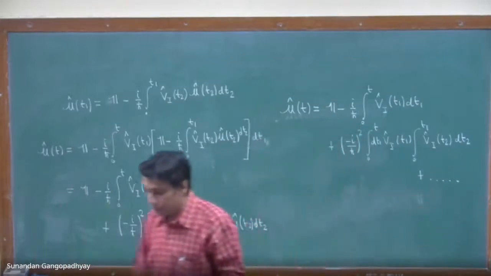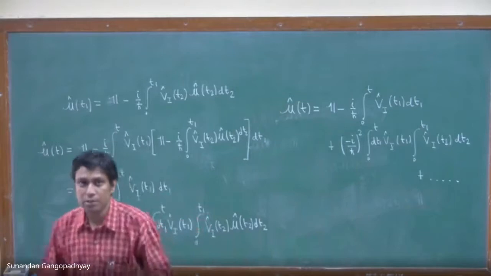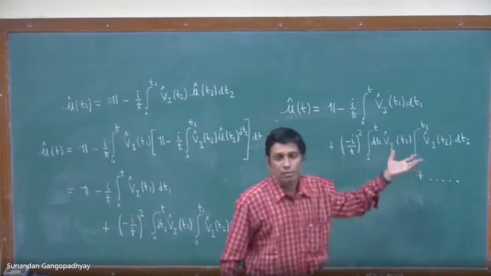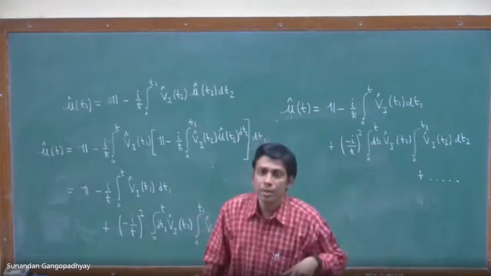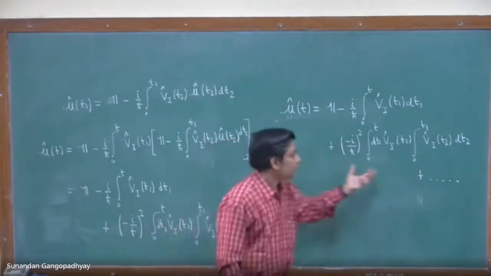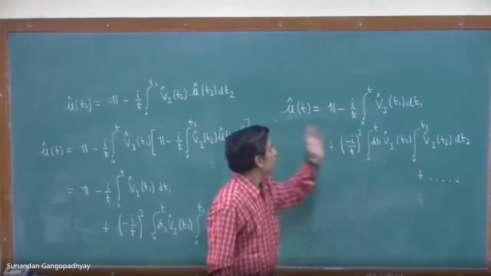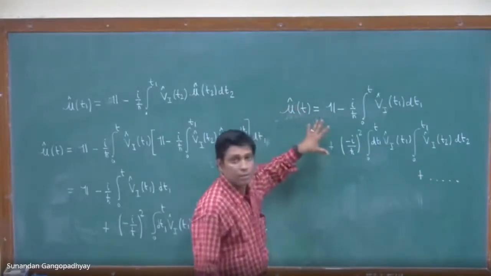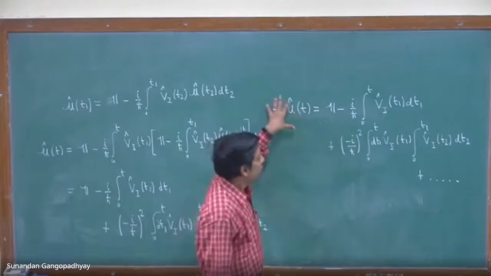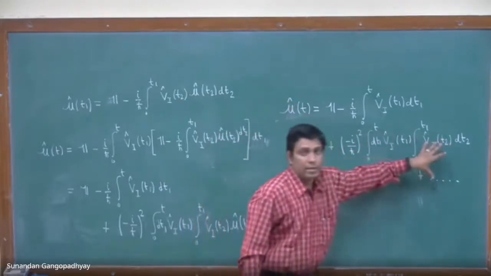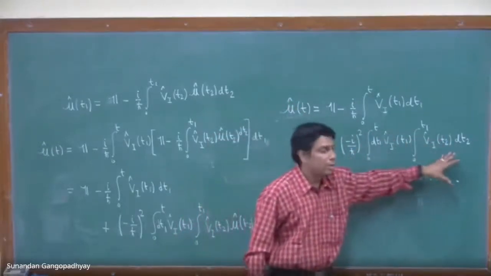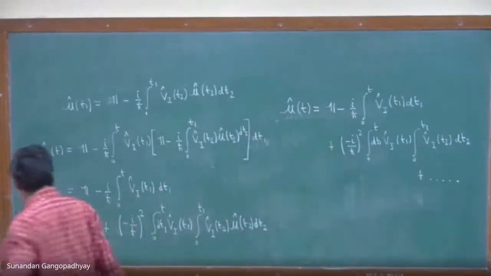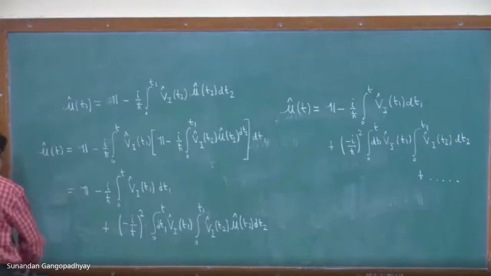You may ask about the convergence of this series. Since this is a perturbative series, we assume that it will converge. It is just our assumption that this infinite series involving these perturbation terms, V's, will converge ultimately. We shall not look into convergence issues of this series.